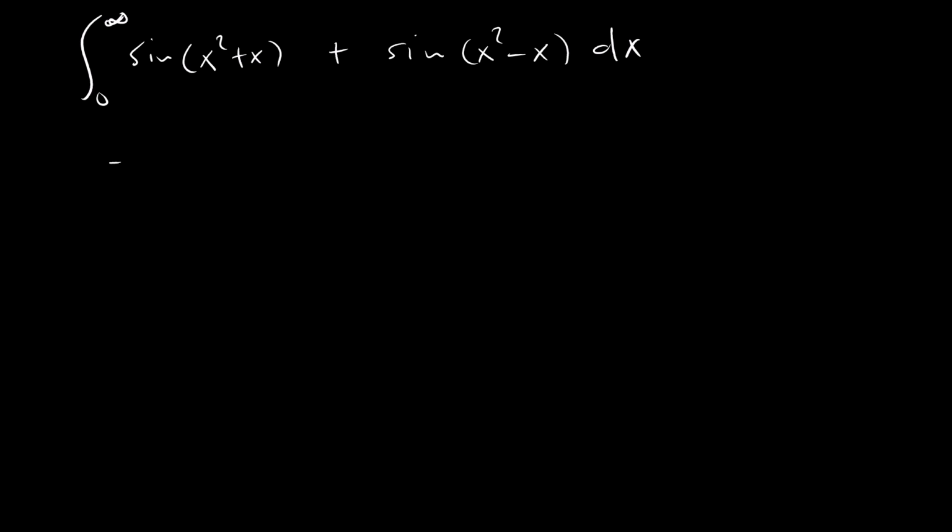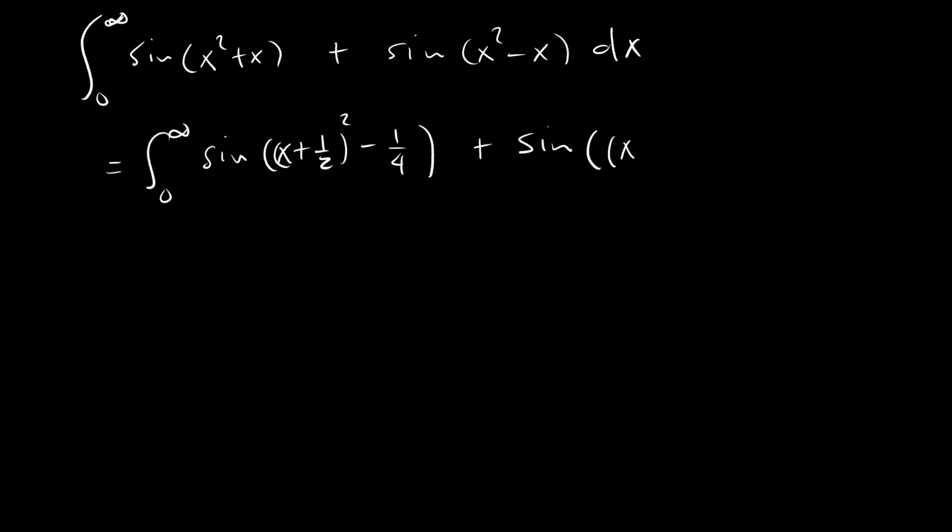And here we can say this is the same as the integral from 0 to infinity of sine of (x plus a half) squared minus a quarter, plus sine of (x minus a half) squared minus a quarter.